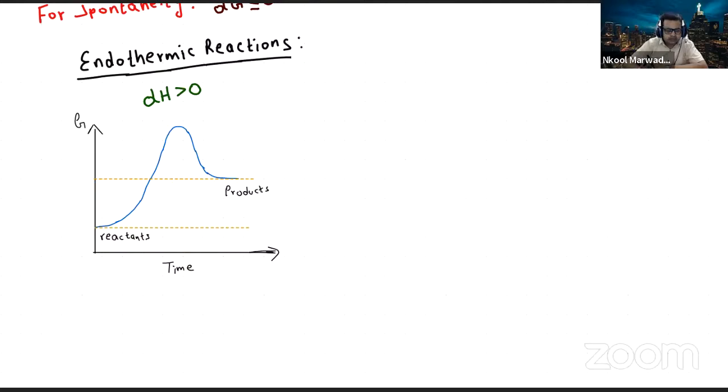And this is a very interesting observation. Because the y-axis is the Gibbs free energy value, we can see that the value is increasing from this point to this point. So delta G is positive. And just now we have seen that for a spontaneous process, delta G has to be negative.